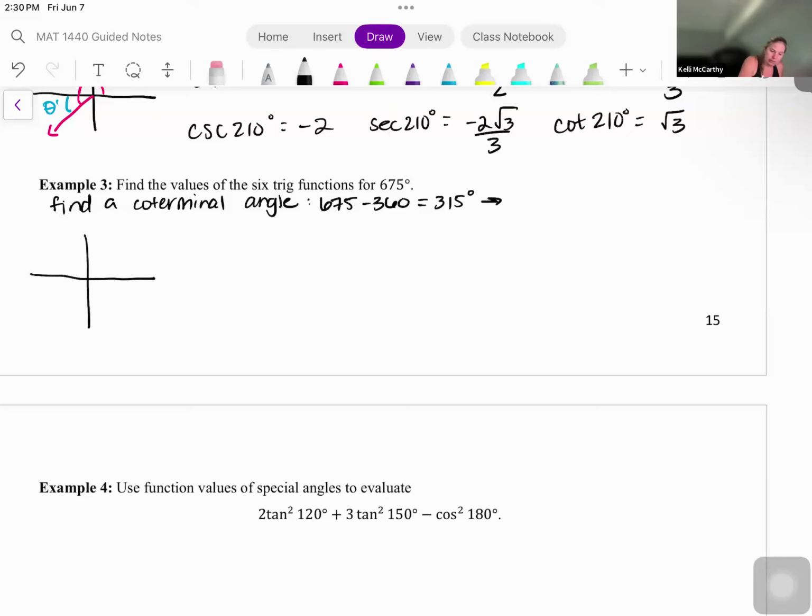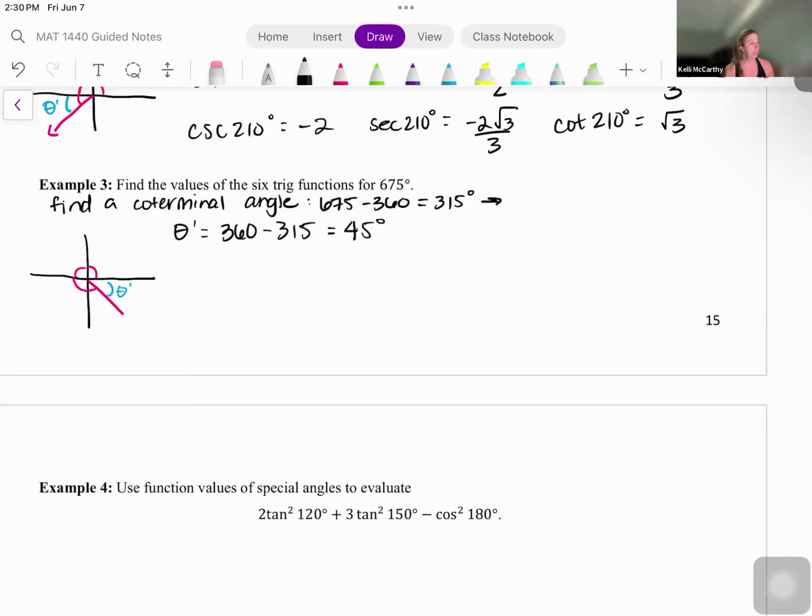So 315 degrees, 90, 180, 270, 315 is going to be somewhere over here in the fourth quadrant, which makes this angle theta prime our reference angle. Theta prime is going to be 360 degrees minus that 315, or 45 degrees.